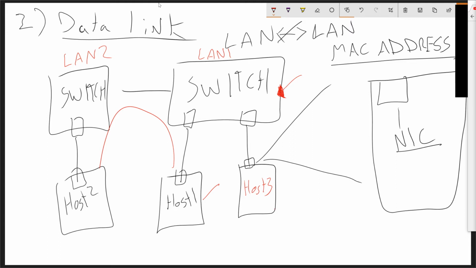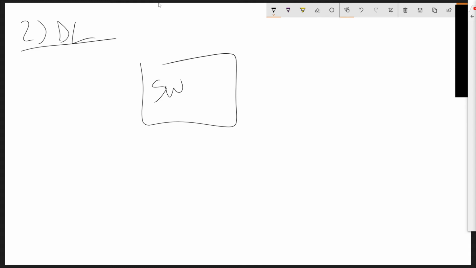Now let me clear this out again and we'll talk more about data links. All right, so when a device connects, and I'm just going to call this DL for short, when a device is plugged into a switch, what happens is a switch sends out an ARP message, right? And you have what's called an ARP table.